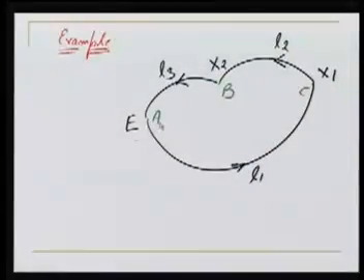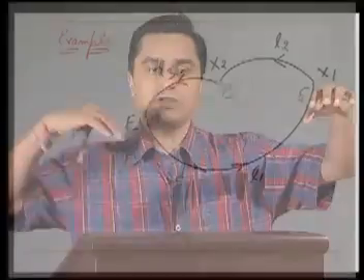Now we'll take one example here. In this example, as you can see, A, B and C are 3 points on the ground. A is the benchmark, and the elevation of A is known, it is capital E. Using this benchmark, we want to determine the elevation of B and C. We know the process.